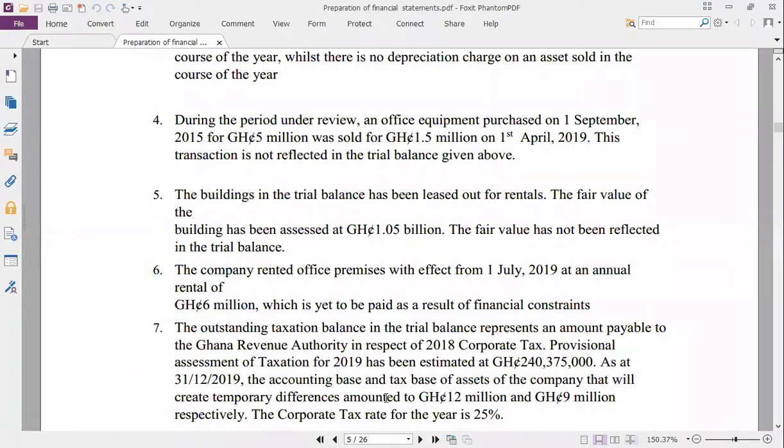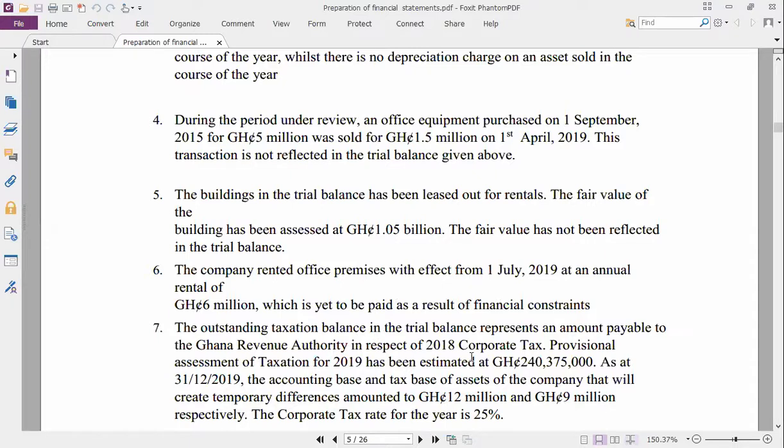The company rented office premises with effect from 1st July 2019 at an annual rental of 6 million, which is yet to be paid as a result of financial constraint.